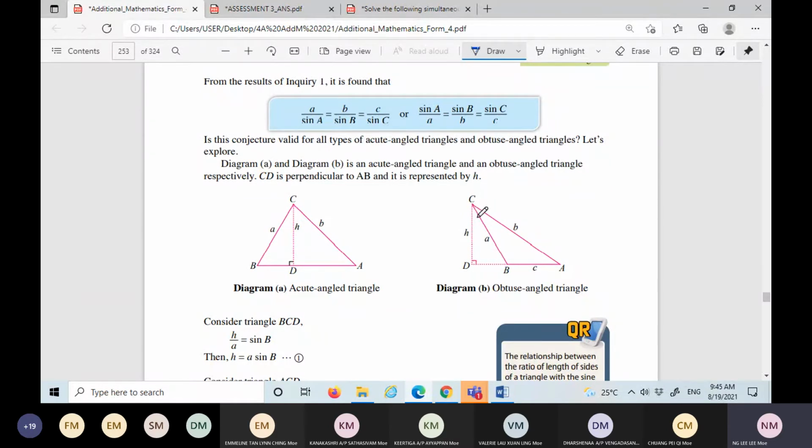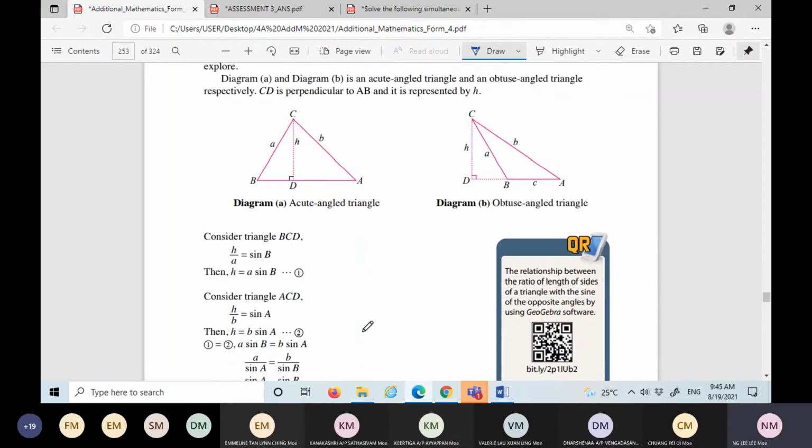Okay, they are perpendicular. Same thing, the AB you got to extend it until you meet the H. Okay, so this is how they prove it now.